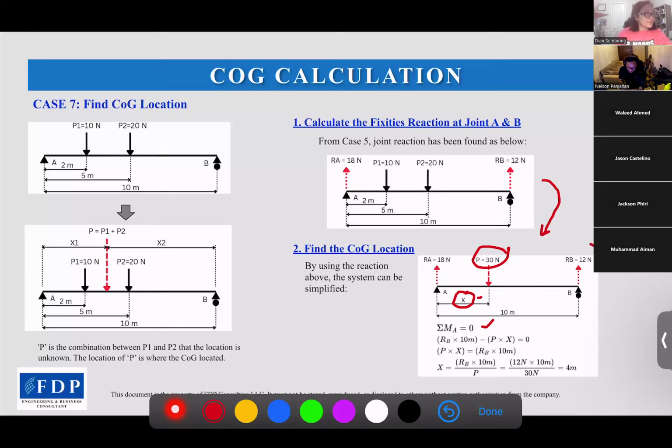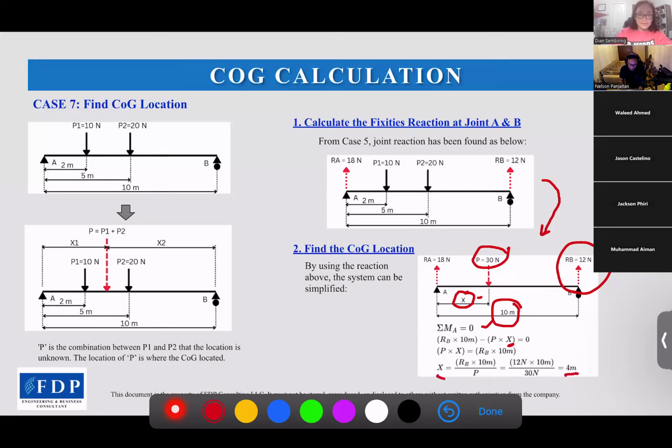There is RB times 10 meters minus P times X, the COG location, to joint A. From this we get P times X equals RB times 10 meters. Then we get X is 4 meters.